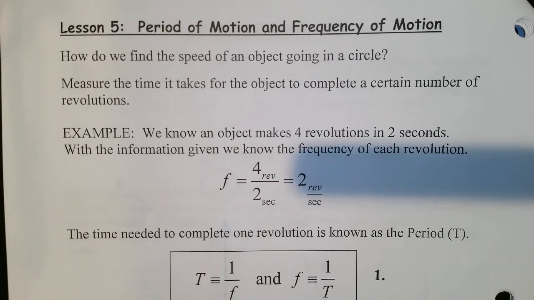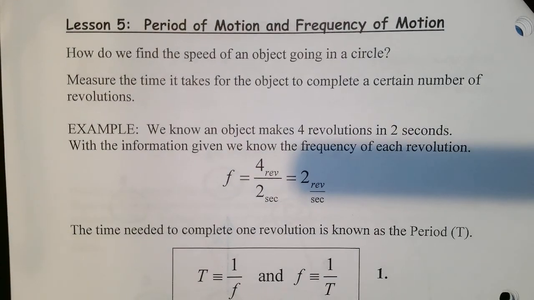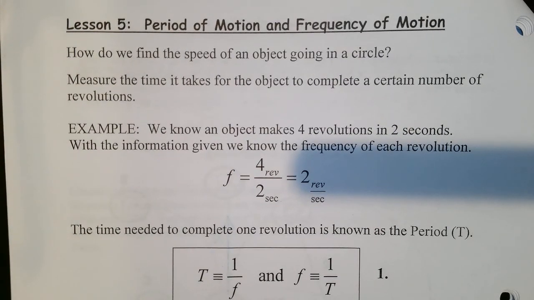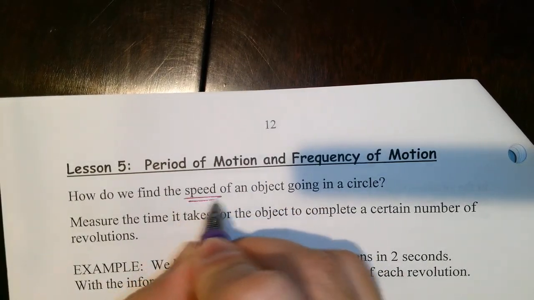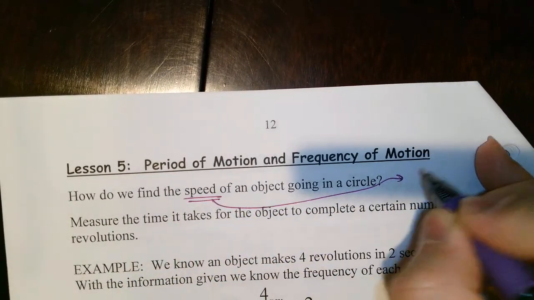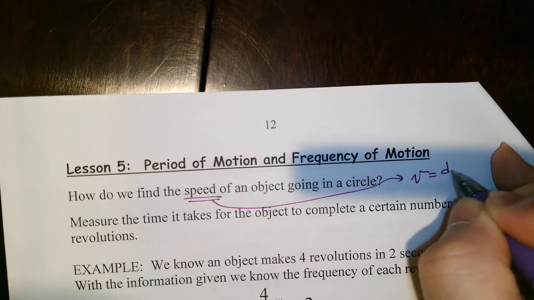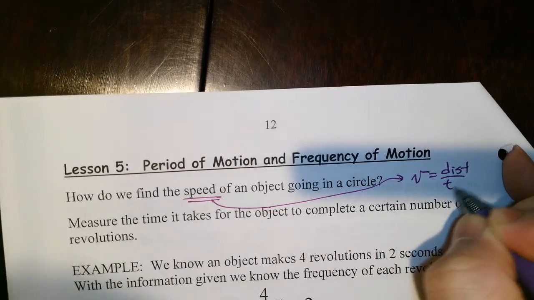So lesson 5, period of motion and frequency of motion. How do we find the speed of an object going in a circle? By definition, speed is really nothing more than v, which is the distance divided by time.